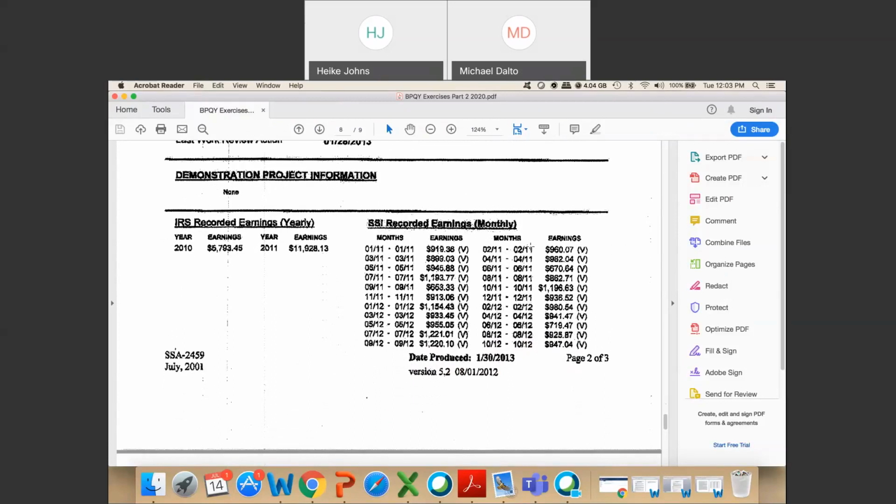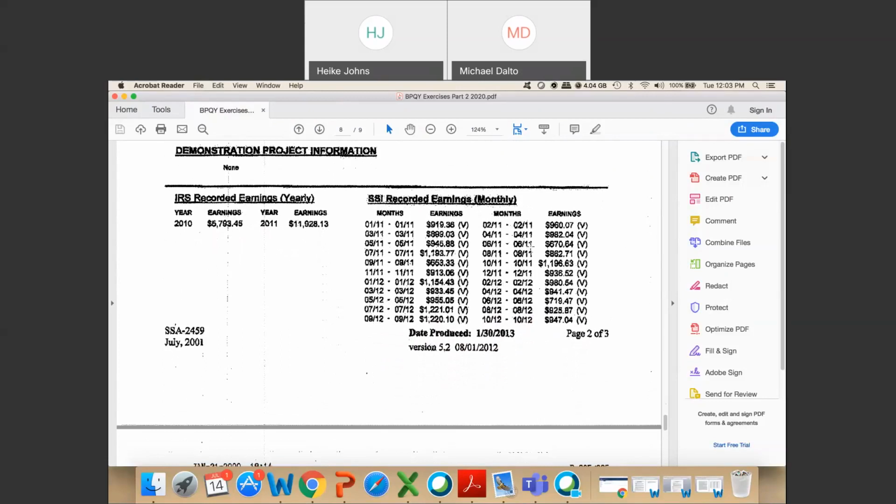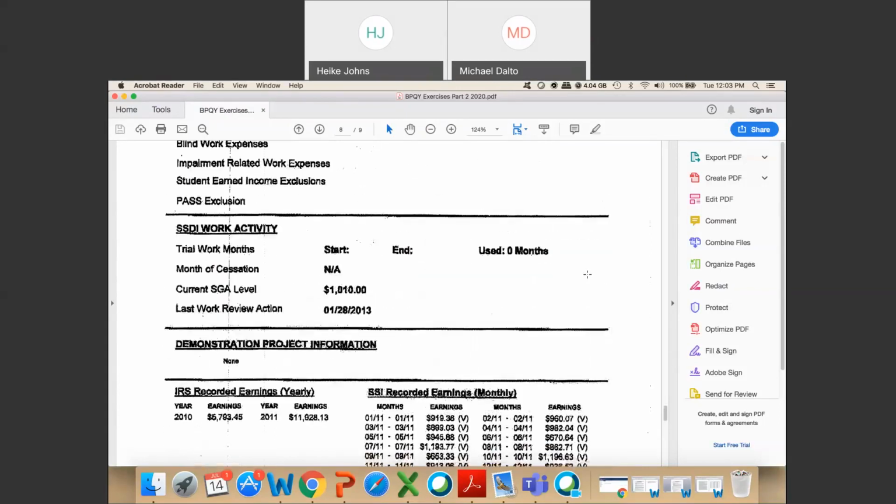When you look at the SSI recorded earnings for 2012, you can see there are plenty of months when earnings exceeded that. And the threshold for 2011 was even lower. So clearly it looks like this person used trial work period months, but none are listed here.